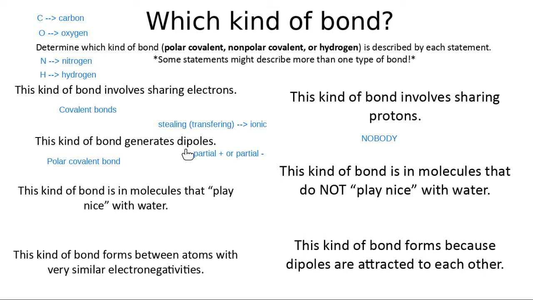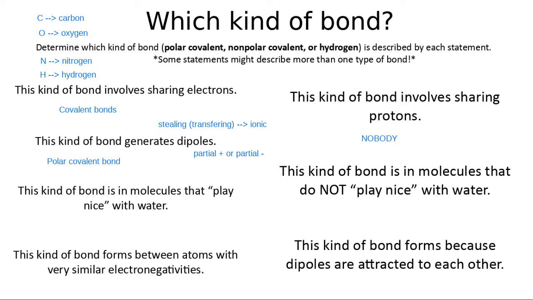Hey, if I look partially positive and partially negative, if I have dipoles, would I play nice with water? Would I like to be around water if I have a dipole? What do we think? Yeah, if I've got areas where I'm partially positive or partially negative, I like water because water also has areas that are partially positive and partially negative.